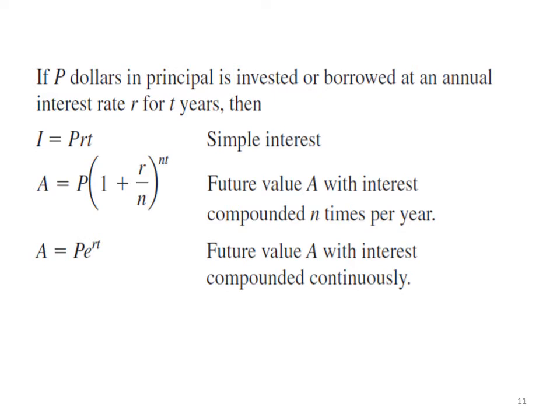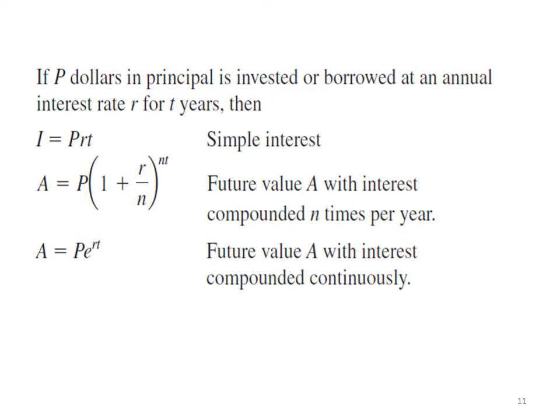This is simple interest. The other way to calculate interest is the future value A with interest compounded n times per year. Future value means the amount you started with plus interest, the balance after length of time t. In this formula, A is the future value, principal plus interest.